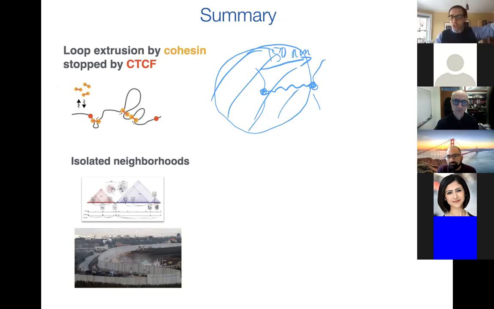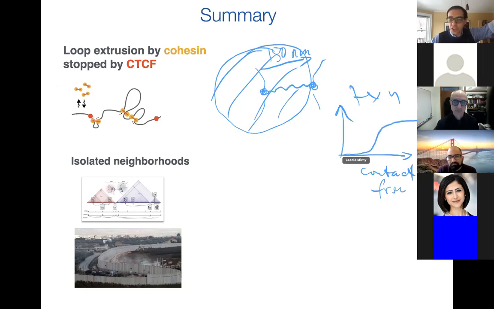I can certainly see a situation where the actual change in gene expression as a function of the contact frequency, if this is contact frequency, and this is transcription, that this function is highly nonlinear. This I can certainly imagine, and there are beautiful works from Luca Giorgetti that he speaks about that hasn't appeared on bioRxiv, and from Alistair Boettiger, that is on bioRxiv, where they basically say there is a small change in the contact frequency, and that leads to a large change in transcription.